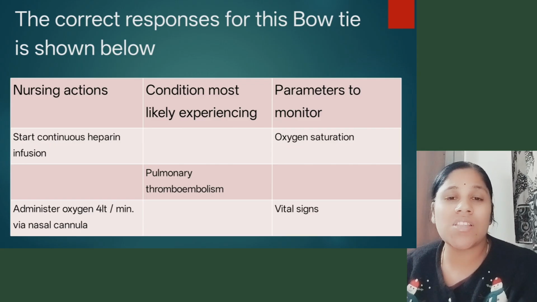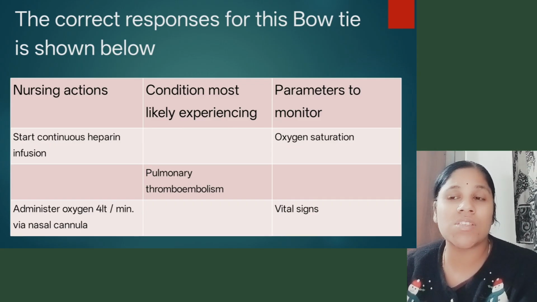And next important thing is that we should give oxygen via nasal cannula, as the patient has pulmonary thromboembolism, so giving oxygen will help the patient to relieve dyspnea.